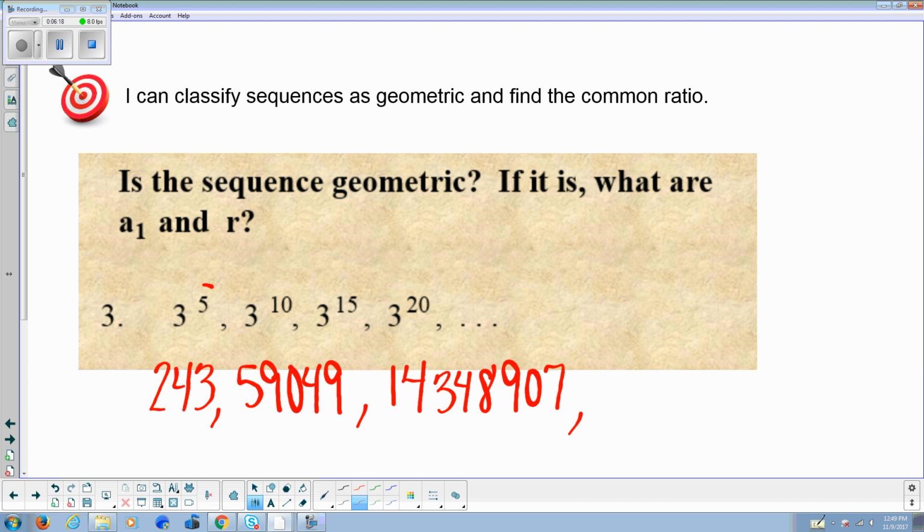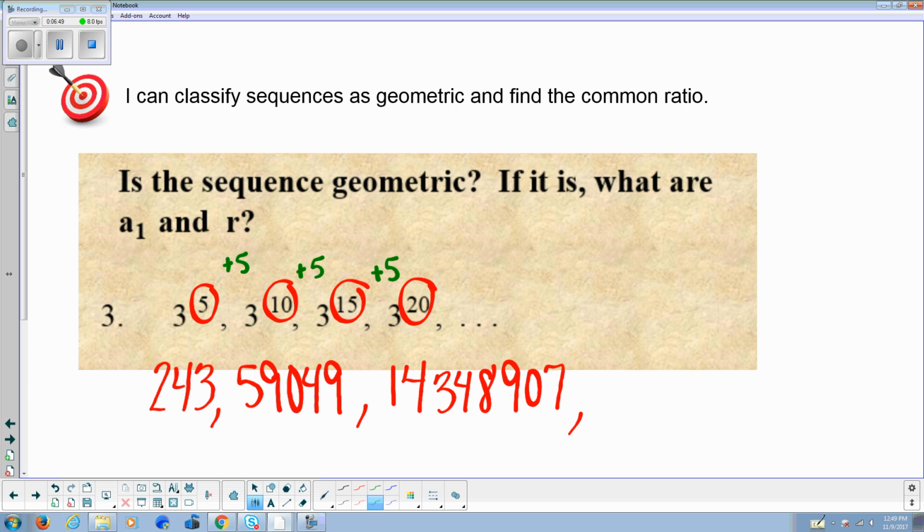So I'm looking at just the exponents here. Do you notice a pattern in the exponents? If you notice an arithmetic pattern in the exponents, you keep adding 5. And the significance here is that in multiplication, we add exponents.